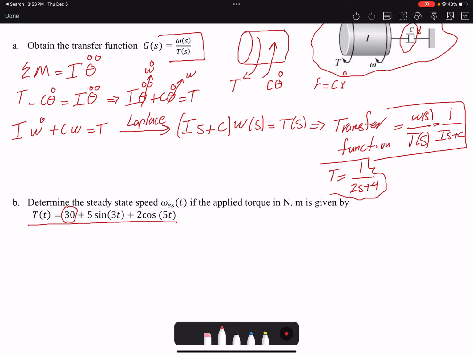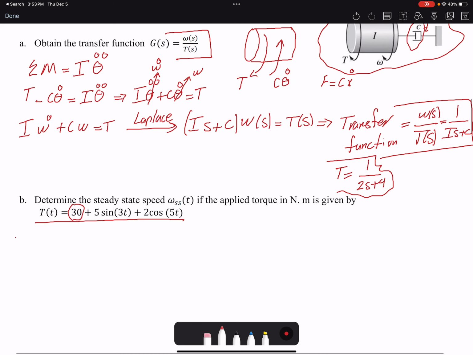We can use the frequency response definition that only the magnitude and the phase would change during the frequency input. So if we want to find the steady state, I have 30. The only thing that would change would be the magnitude.